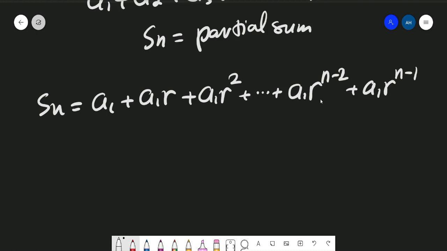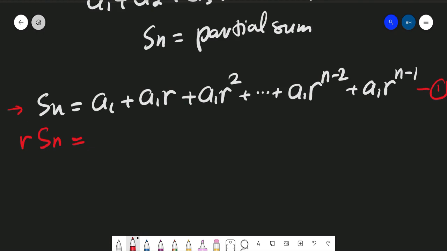Now let's call this equation number 1. Now what I want to do next is multiply equation number 1 by r. That is, I want to multiply r with this equation. On the left hand side, Sn multiplied by r will be r Sn.